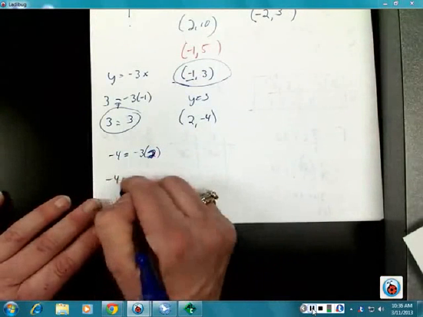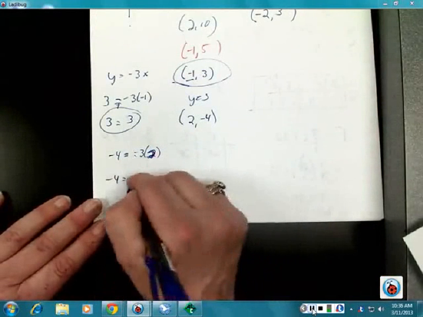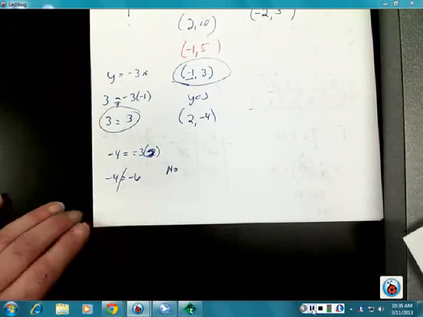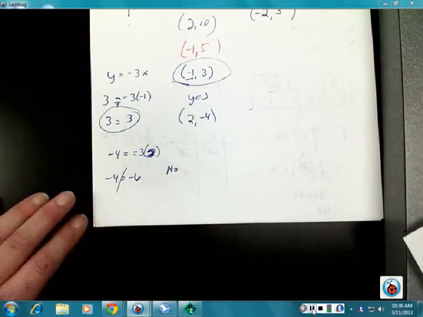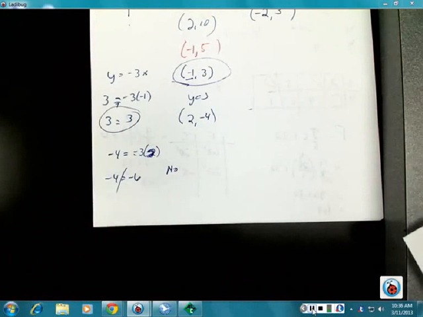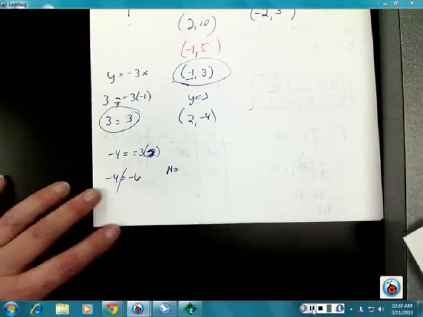Negative 4 on that side, negative 3 times 2 is a negative 6, and that's not equal. So then I would say no, that point is not on that line. Alright, so you're just substituting some stuff in to see if what they gave you is the correct answer or not the correct answer. Okay, so you got some of that stuff going on in that part too.